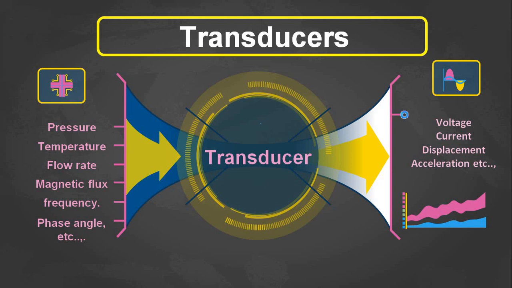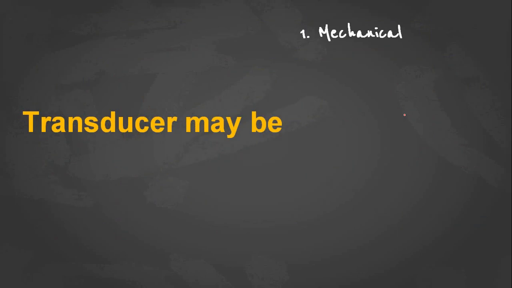This transducer may be a mechanical transducer, like the Bourdon tube we discussed, which converts pressure into a displacement. Input is a mechanical quantity, and output is also a mechanical quantity. A cantilever is also a mechanical transducer, which converts a force into a displacement.